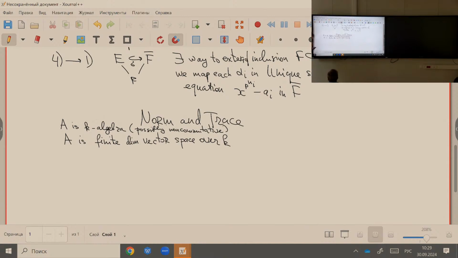Then we can do the following. We can consider operators, all shifts, the left multiplication and right multiplication. So L of a x is just a x, and right multiplication.